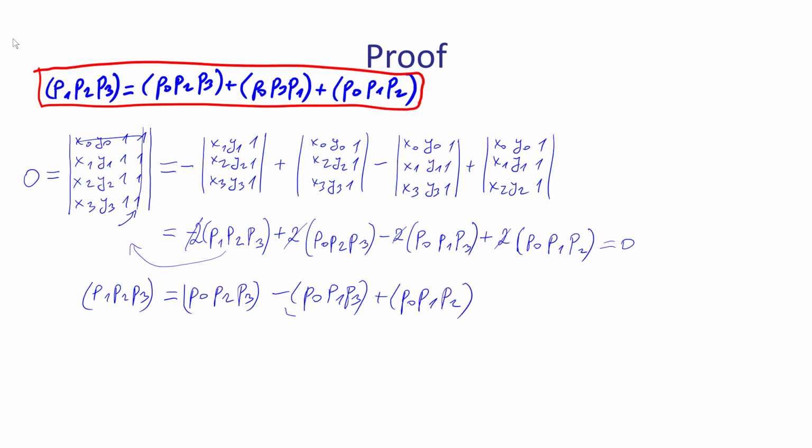But pay attention that this one is the same as P0, P3, P1, because this is just changing two lines in the determinant, which changes the sign of the determinant, so it's plus that thing. And now compared to our original formula, this is exactly the same thing, so this concludes our proof.